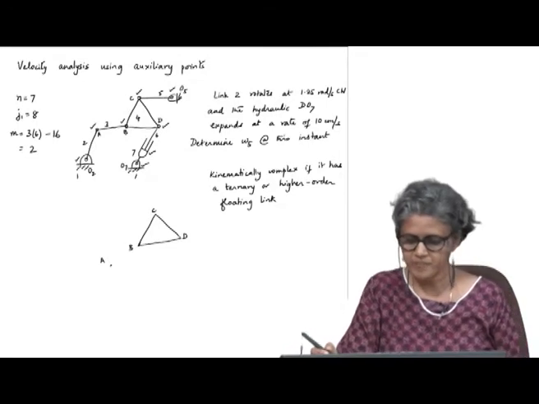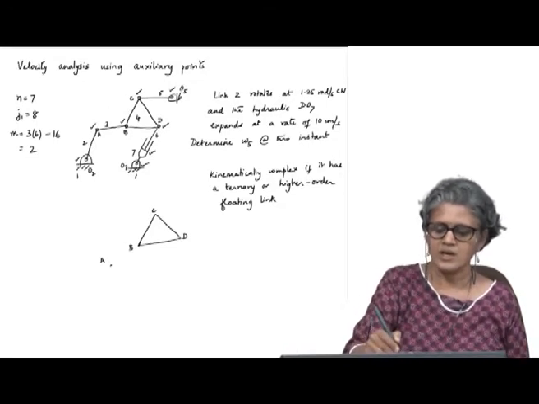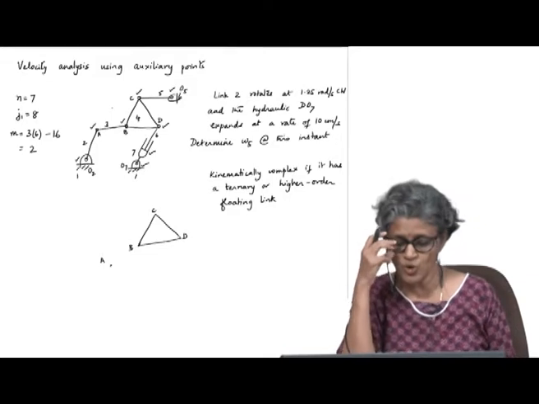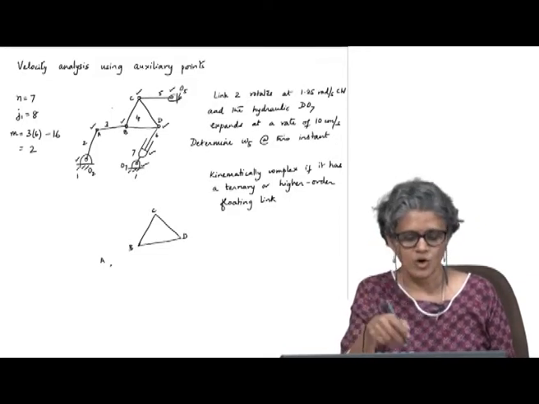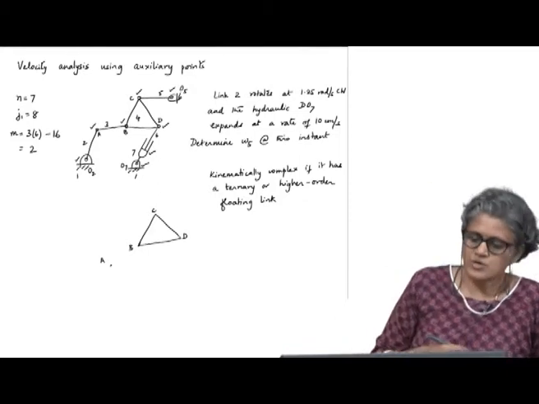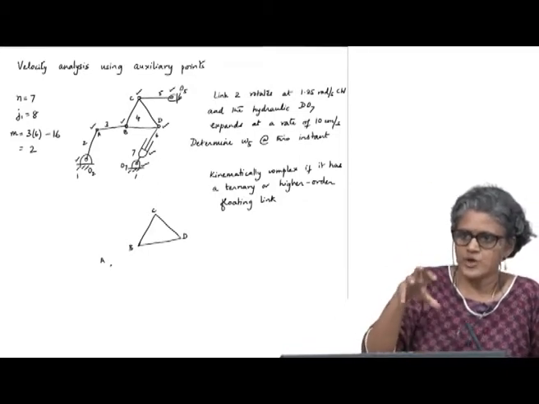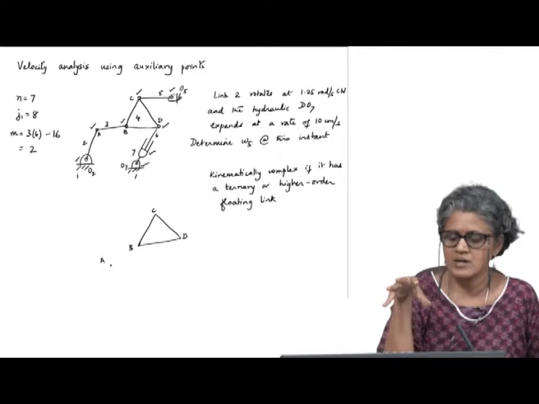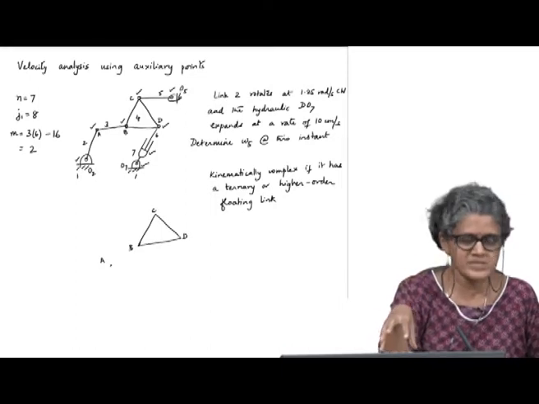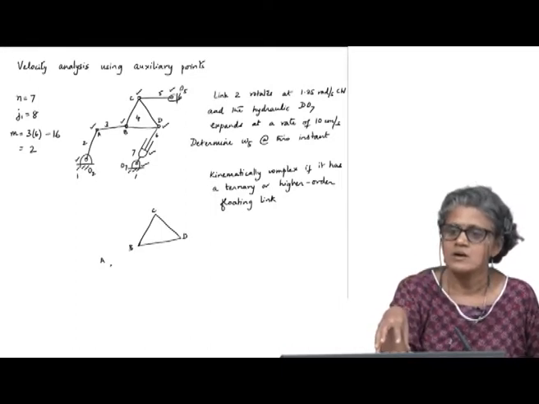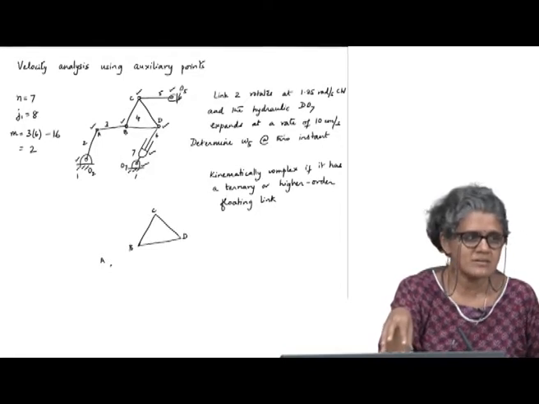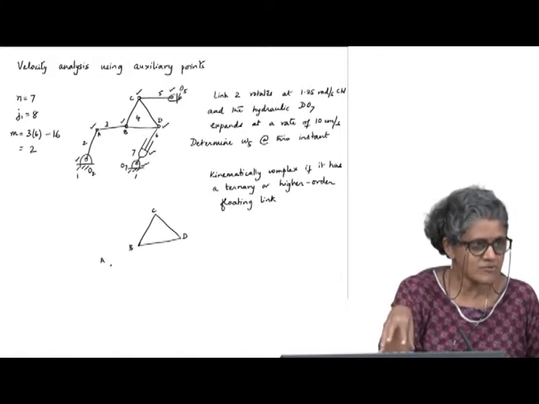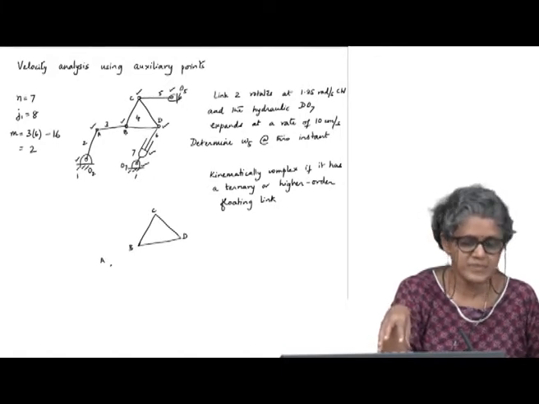And if I do not know the path curvature of two of the motion transfer points on the ternary link, then it is called a mechanism with a high degree of complexity, right.